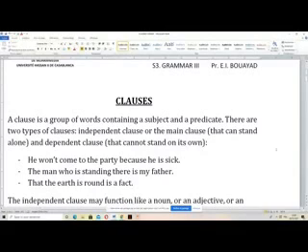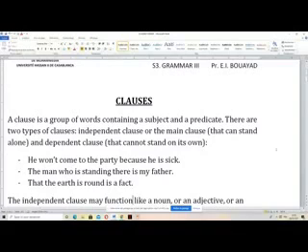So clauses in general may be either introduced by subordinating conjunctions or, as here, relative pronouns. Okay, so in order to relate the two within one sentence. Is this clear?